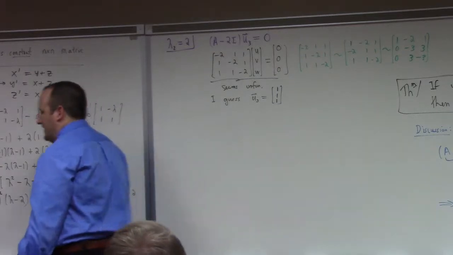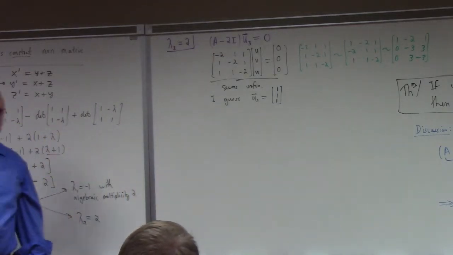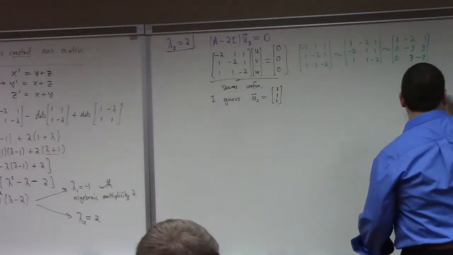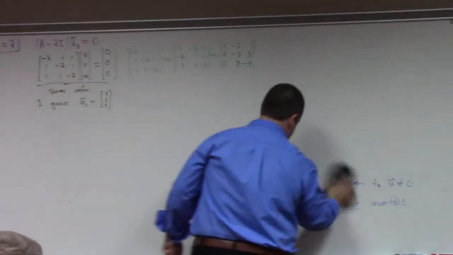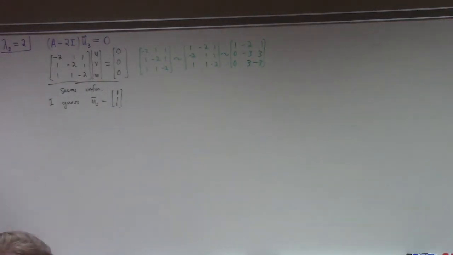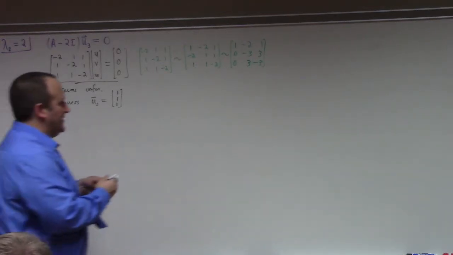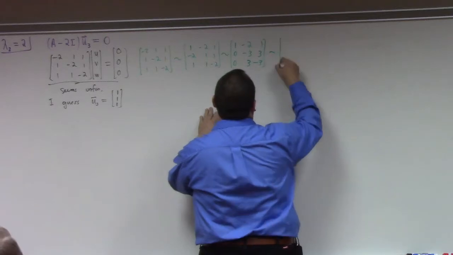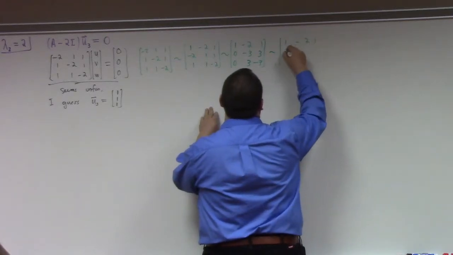Oh, fine. I guess it's not too bad. All right, so speeding it along here, this gives me 1, minus 2, 1, 0.